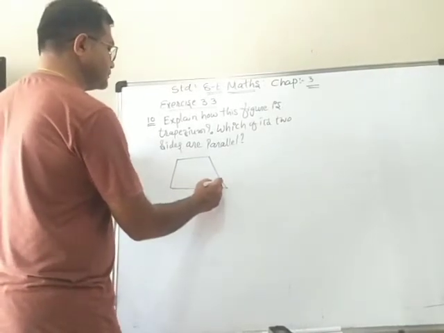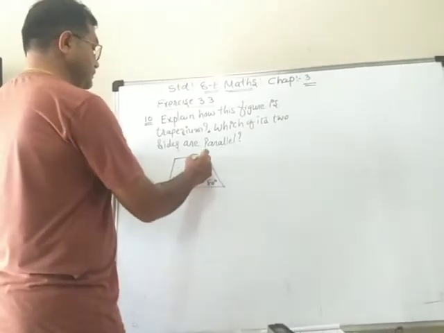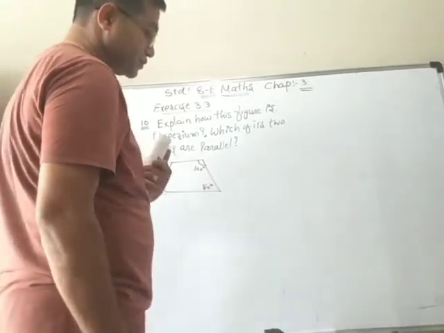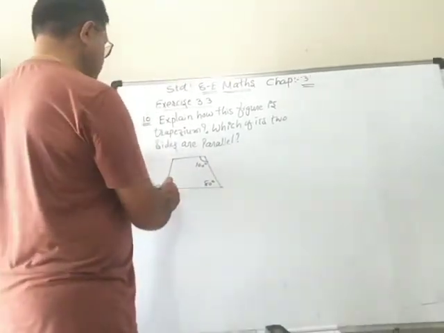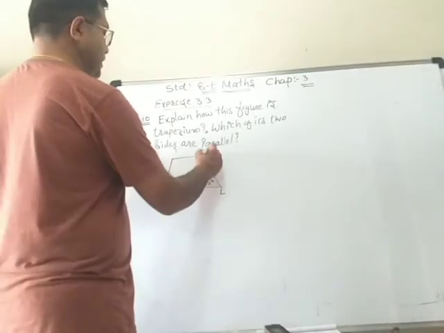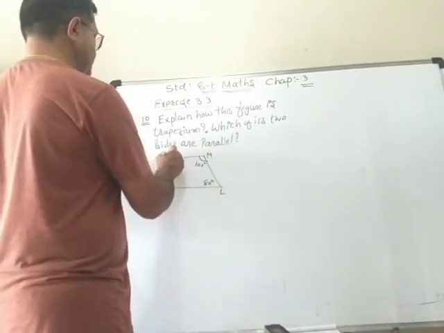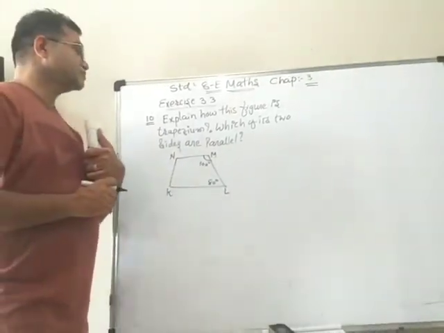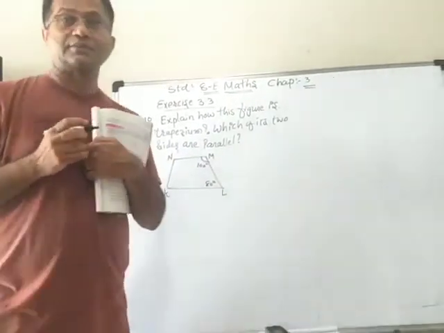80 degree and 100 degree. Name is KLMN. Now we have to show that it is a trapezium. You know what is a trapezium?